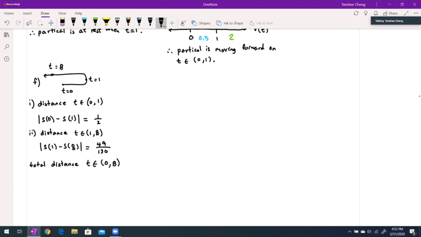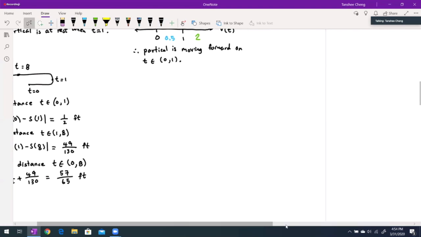We are adding 1/2 plus 49 over 130, and this will give me my final answer, which is 57 over 65 if you use a calculator. And since these are in feet, make sure you indicate your units. These are feet. Any questions on this part F, finding the total distance? If not, then let's move on to the next question.